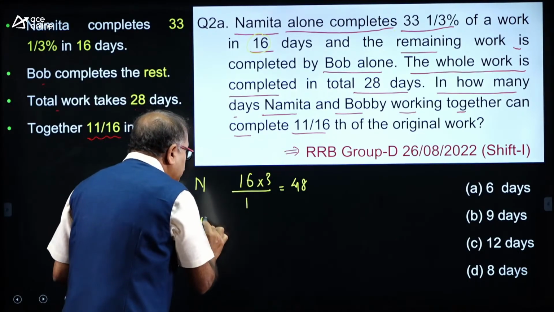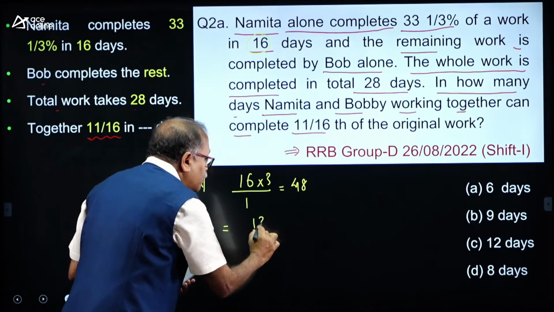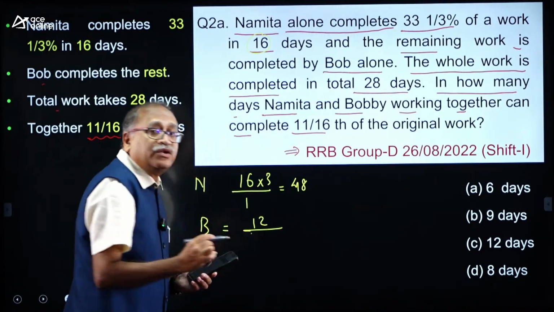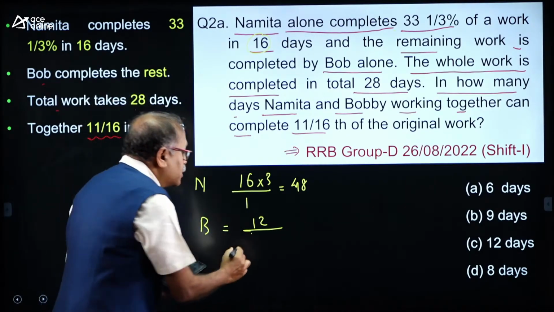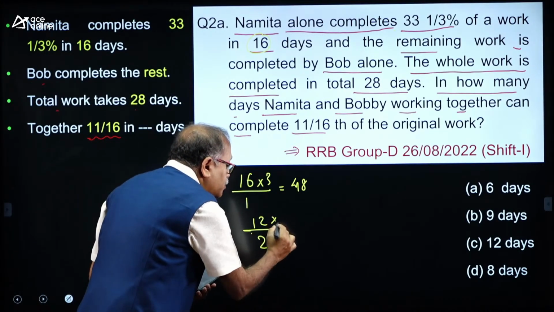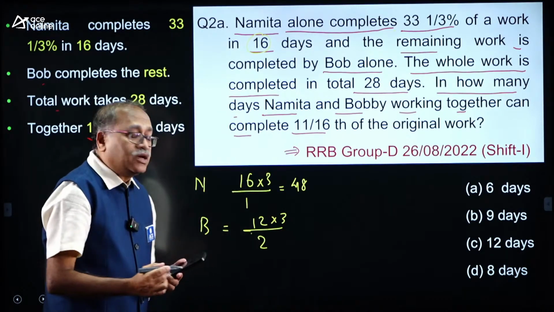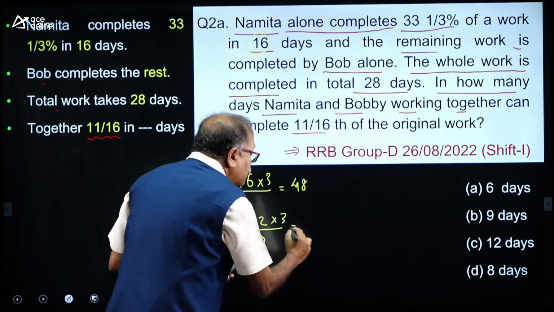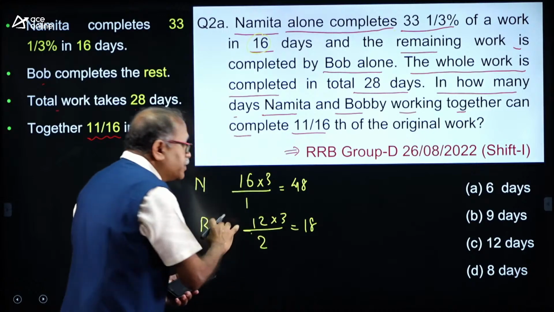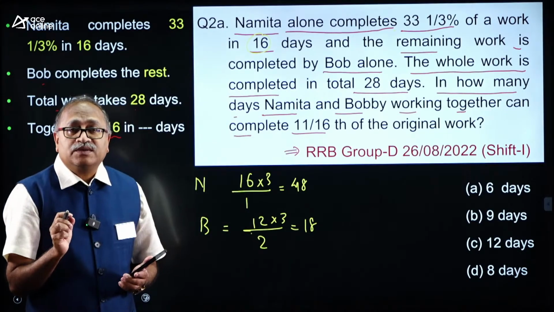So, B has completed 2/3 of the work in 12 days. So, divided by 2 into 3, that gives us 18. That means B can complete one work in 18 days.